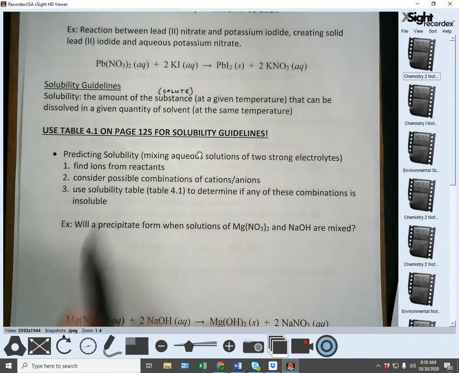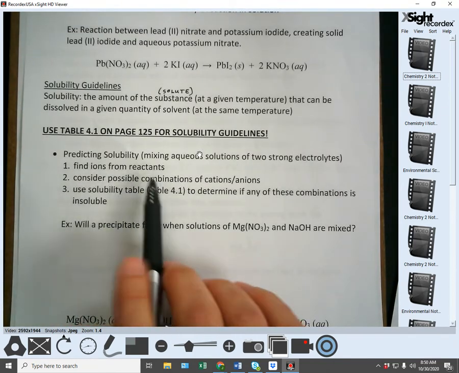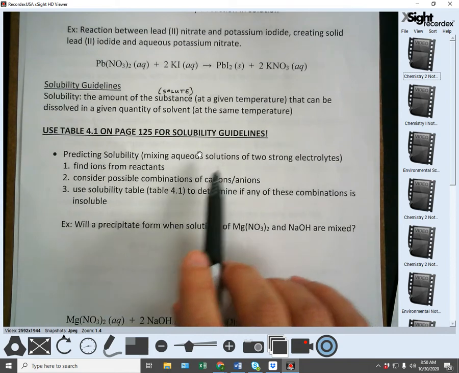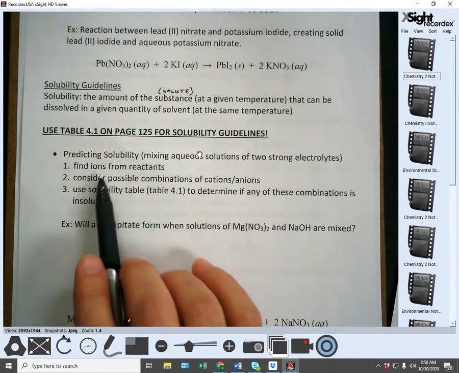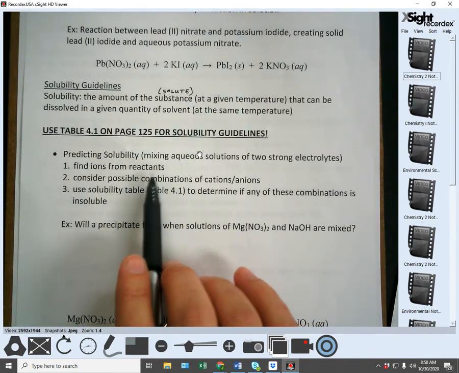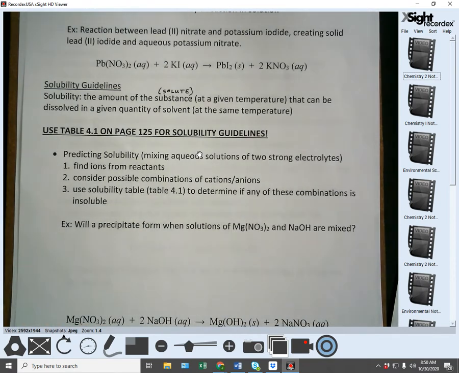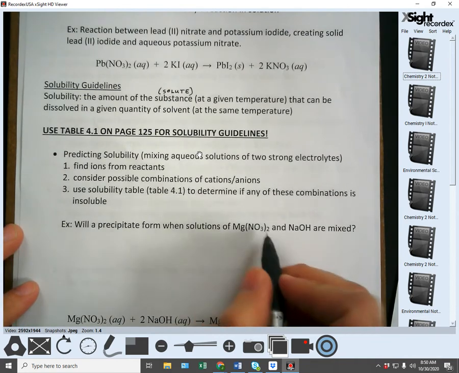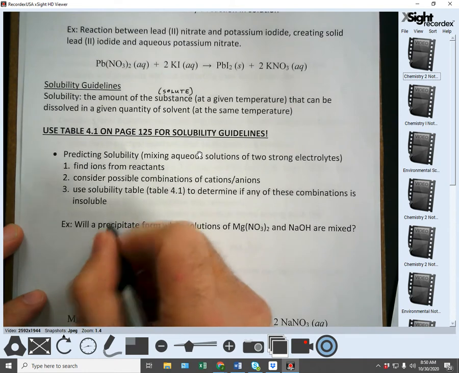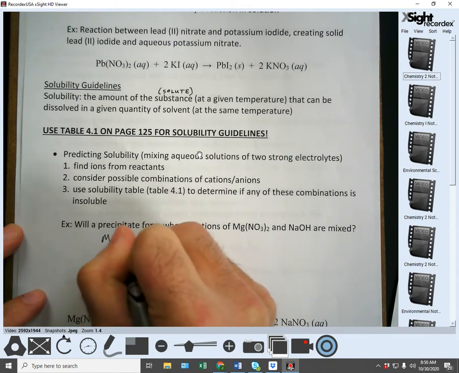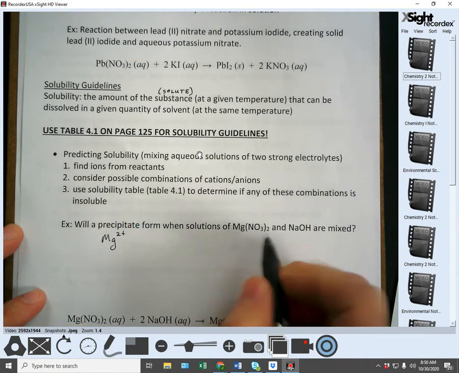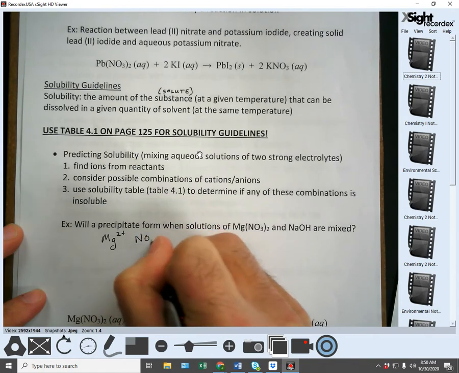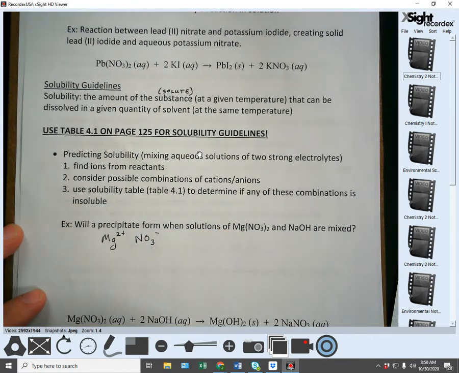So to predict solubility, the first thing you do is find the ions from the reactants. Figure out what the ions are. From this reactant, we're going to have ions of Mg2+ and nitrate, NO3 1-, right?